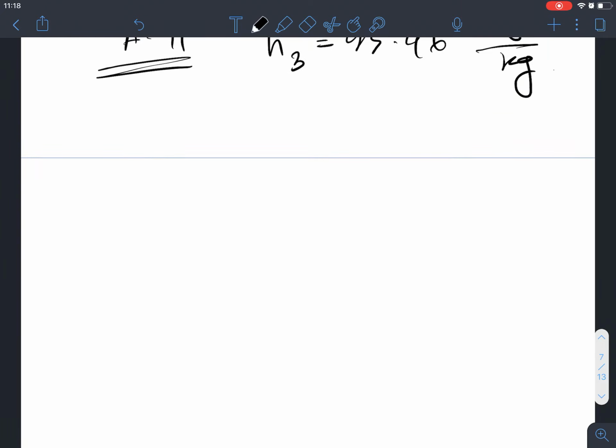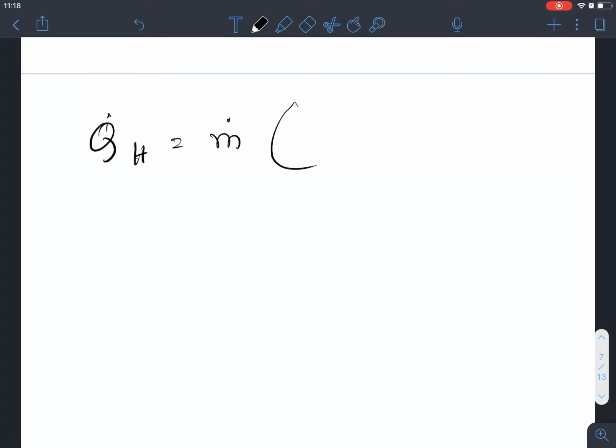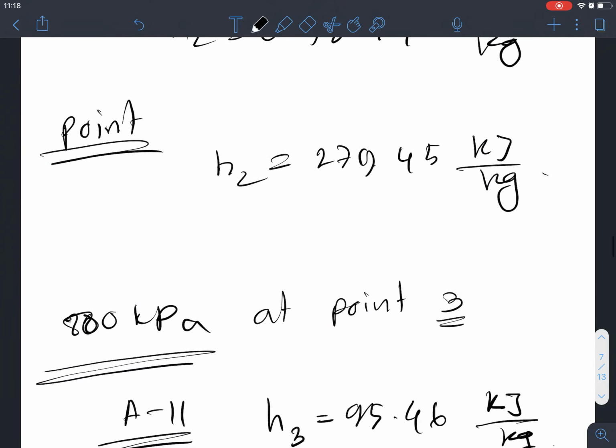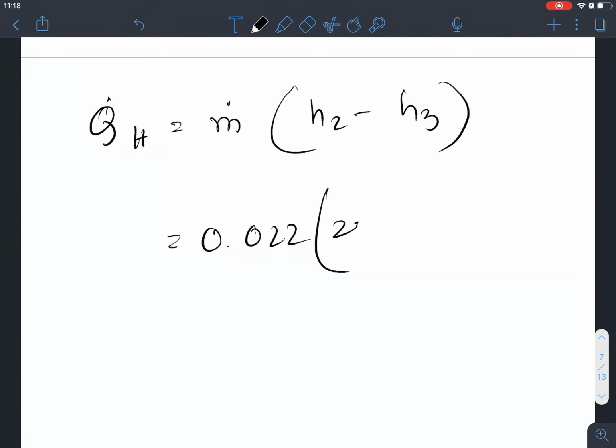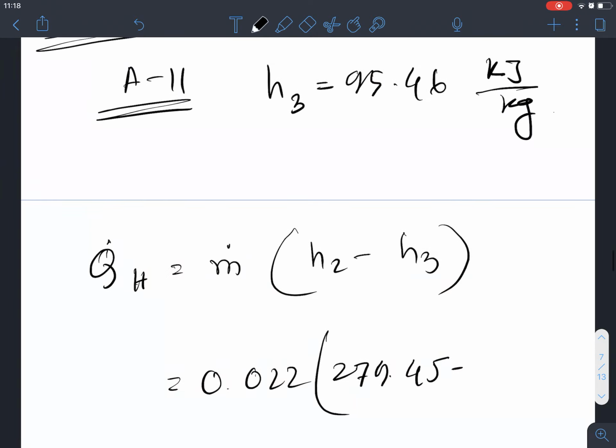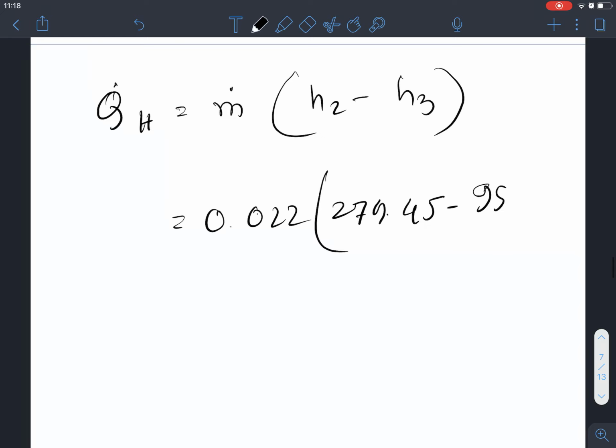So basically pretty much we know everything. We should be able to determine the Q heating effect, right, which is mass flow times H2 minus H3, 0.022. H2 we know, 279.45 minus 95.46.